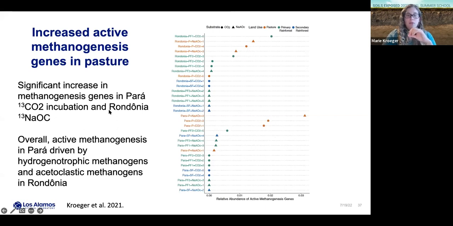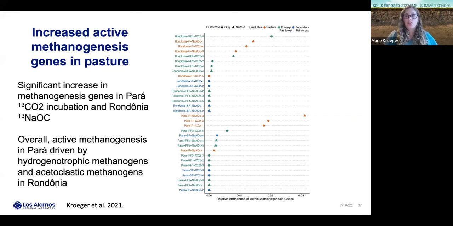What we found was a significant increase in methanogenesis genes in Pará's 13CO2 incubation and Rondônia's 13C sodium acetate incubation. This implies that, generally speaking, Pará seems to be driven more by the hydrogenotrophic methanogens, whereas Rondônia was driven more by the acetoclastic methanogens. And overall, active methanogenesis in Pará was driven by the hydrogenotrophic.